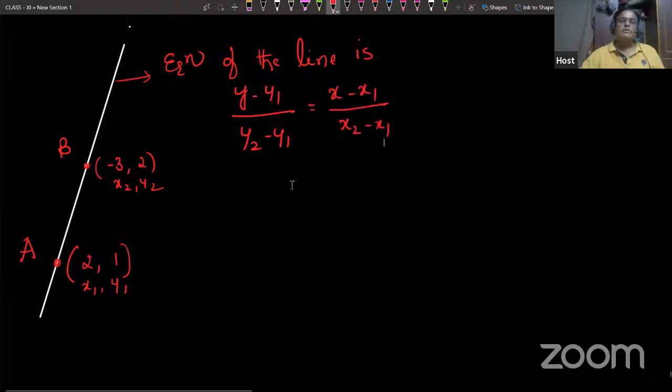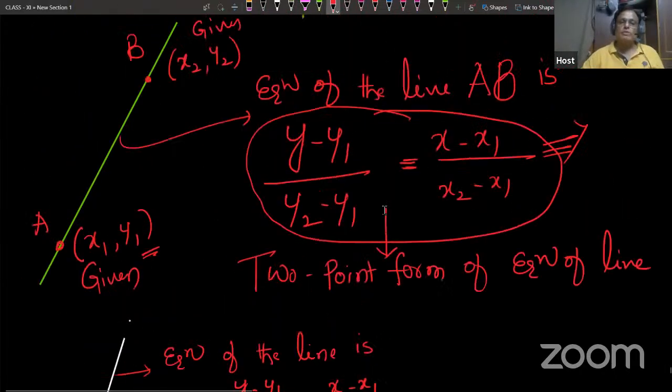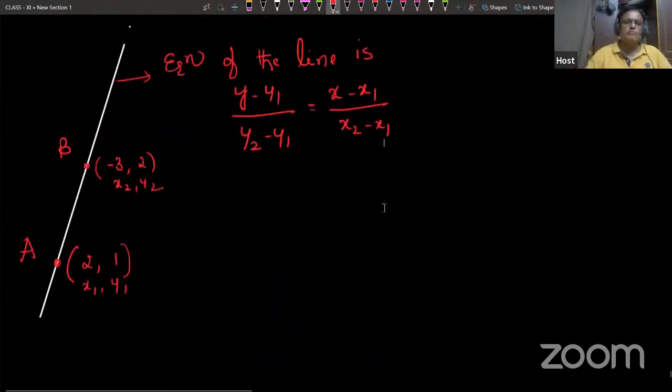Just remember, this is the formula we already put. We can just simplify. y minus y1 is y minus 1. What is y2? Y2 is 2, so 2 minus 1 is 1. x minus x1, what is x1? 2.